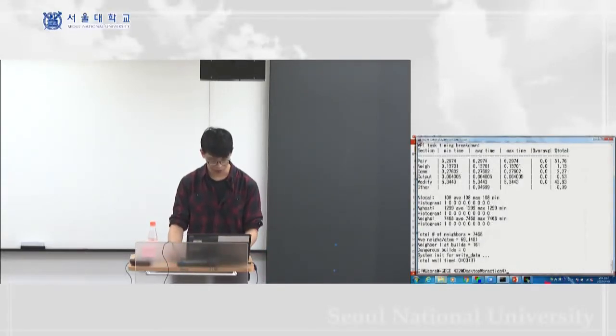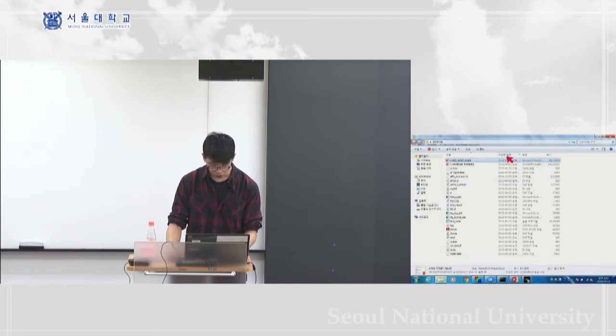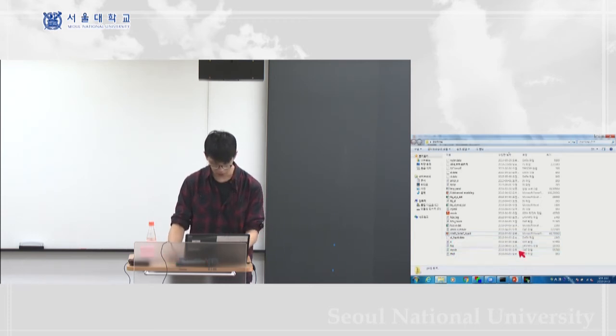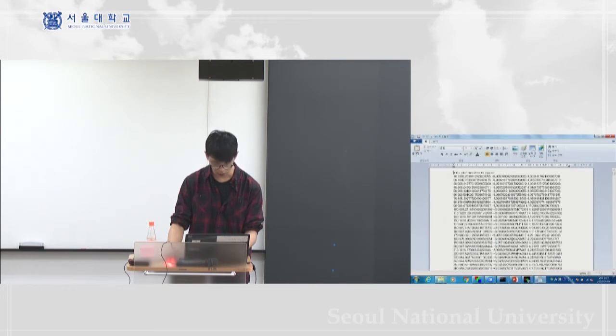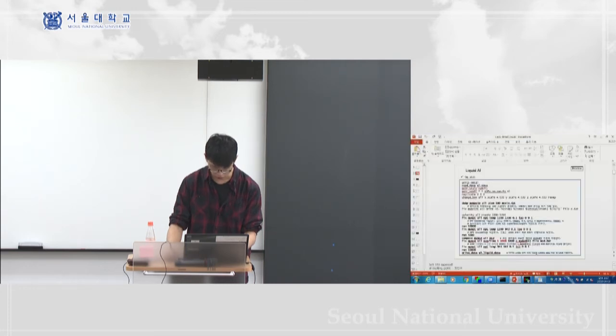So the simulation is done, and there are gonna be 4 output files. One is the log file, and there's e.dat, which contains steps, temperature, energy, and the lattice constant.